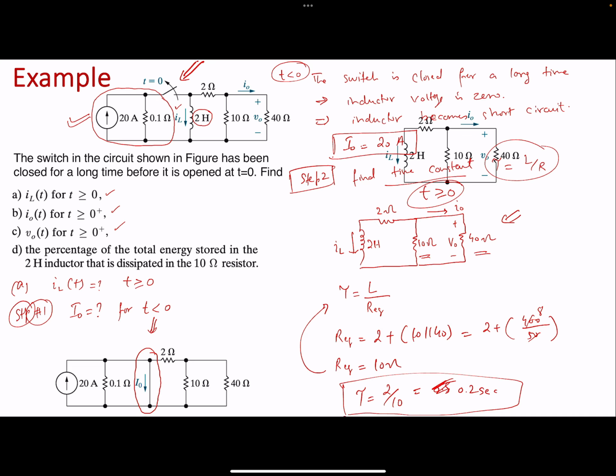So we got the value of tau and we got the value of I naught. We can replace those values and move to step number 3, which is replacing these values in the inductor current equation that we derived previously. In step 3, we need to write down the equation for the inductor current. I_L of t equals I naught e raised to the power minus t over tau.